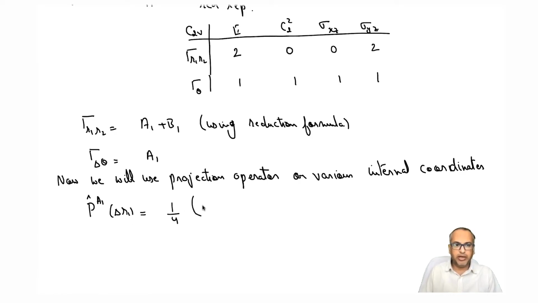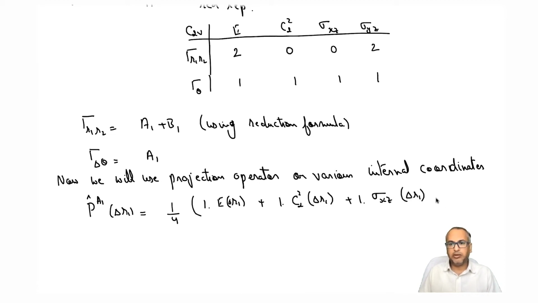So for A1, I will have 1 into E applied on delta R1 plus 1 into C2Z onto delta R1 plus 1 into sigma xz onto delta R1, and this factor comes from 1 by h, right?